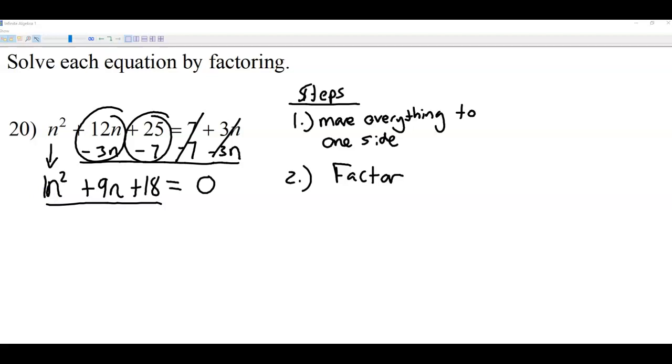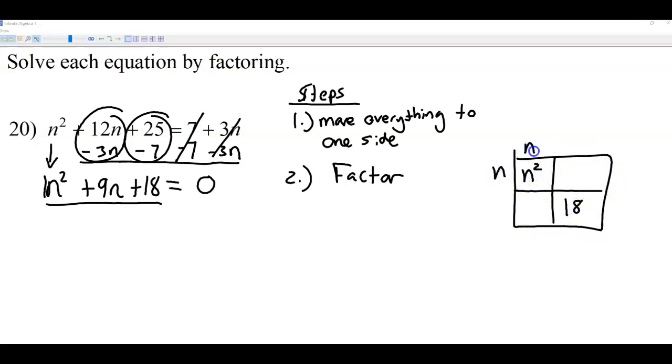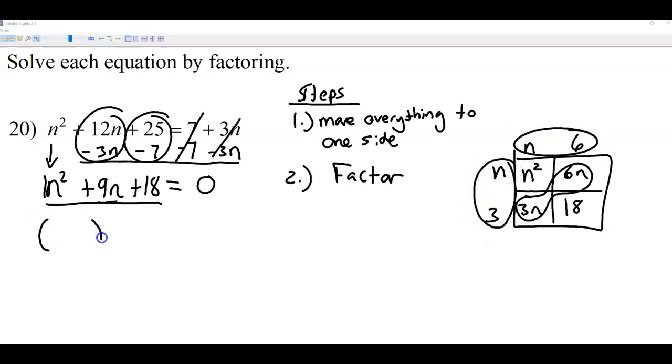But it does have 3 terms, so I'm going to do my box method over here. Making sure that the diagonals add up to make the middle, which is 9, and they do, so we're good. So it factors into n plus 6 and n plus 3.